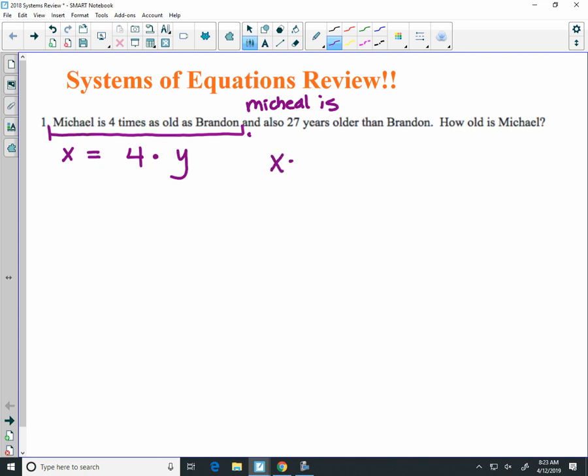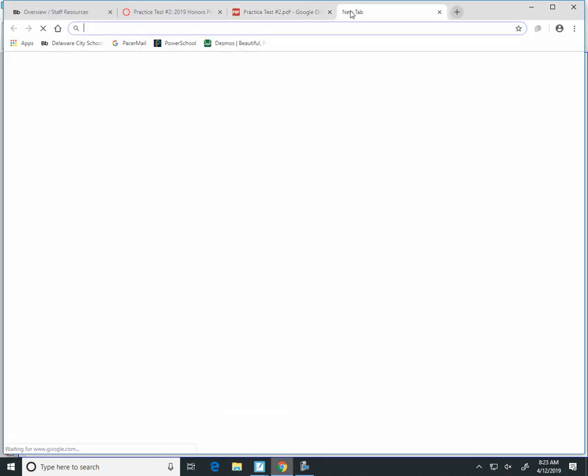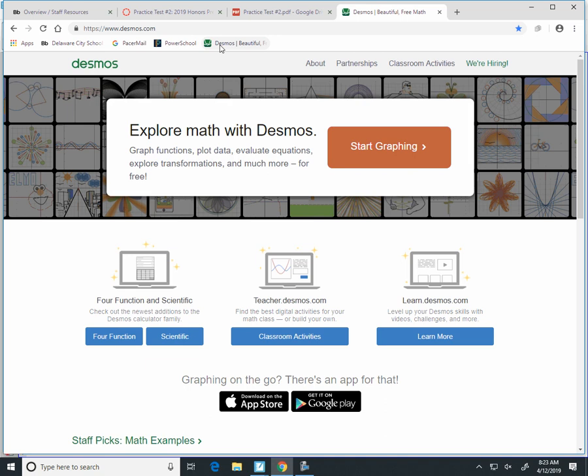So X equals 27 years older. Well, Brandon's our Y. 27 years older, we're going to do 27 plus. It doesn't say times, so we're going to do plus. If we were doing younger, we would subtract. But we're doing older. And now we're going to put these 2 equations into Desmos.